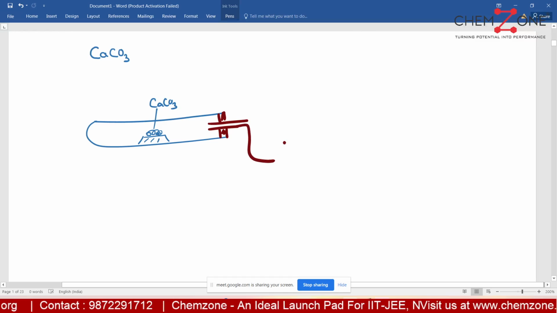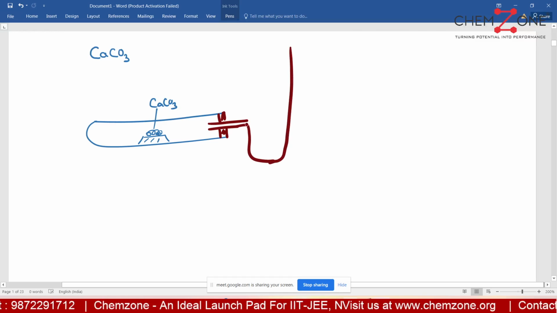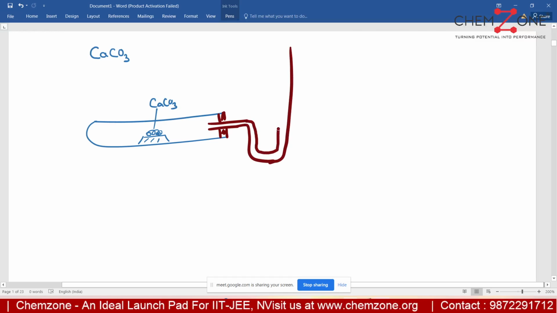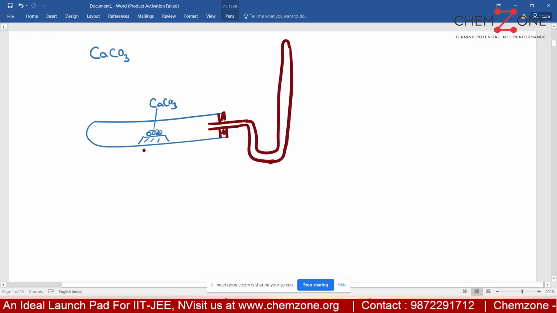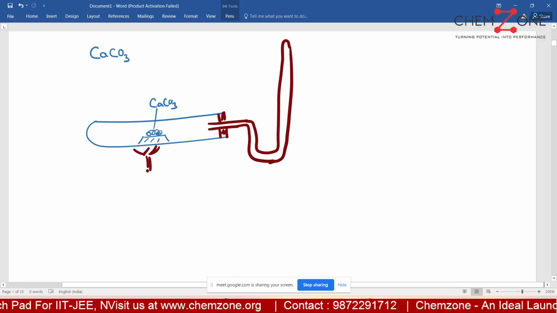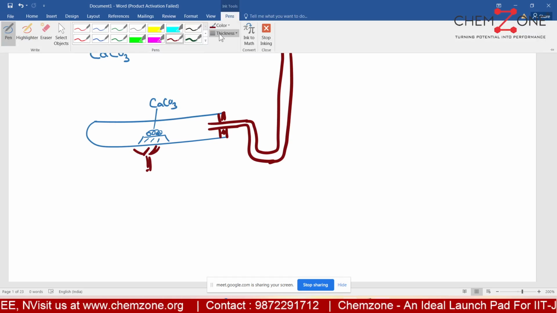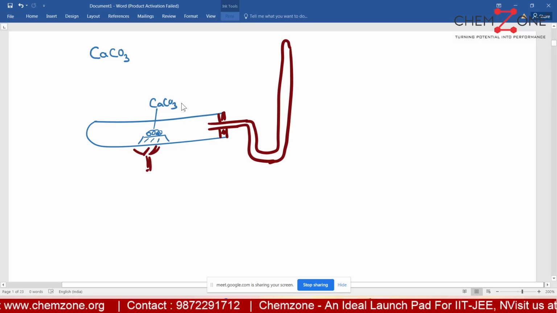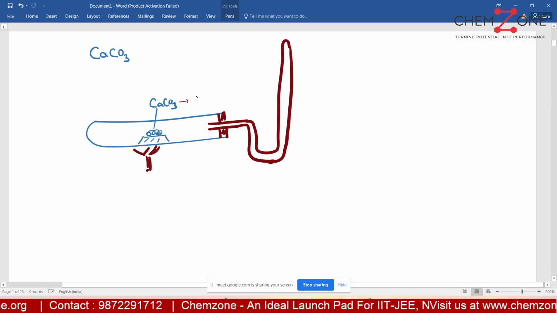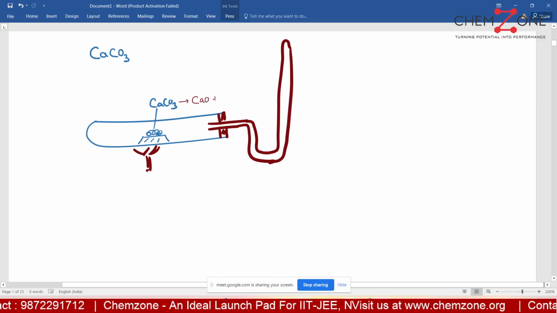Now connect it with the manometer and start heating from here. When we heat it, this gets decomposed to give CaO plus CO2.